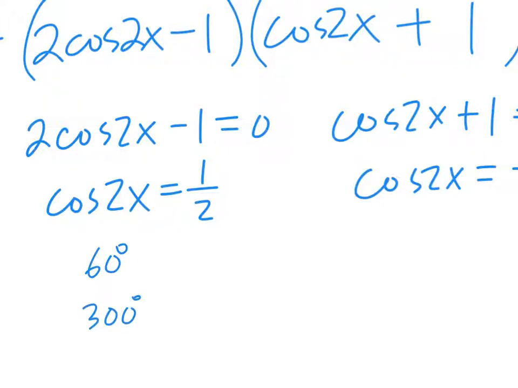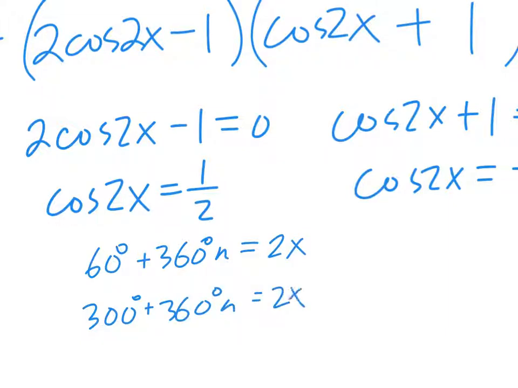The answer is only within the unit circle, but we do have to add 360n to begin with because we may miss some angles if we don't. Now what we're going to do is divide by 2. So that means the angle is 30 plus 180n.